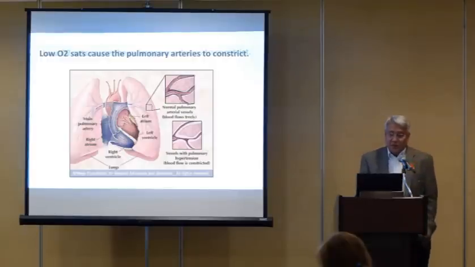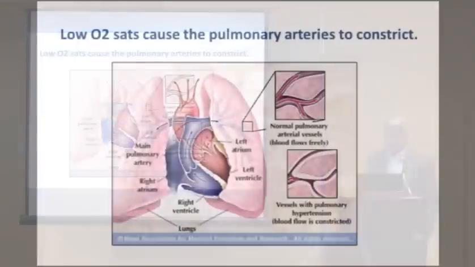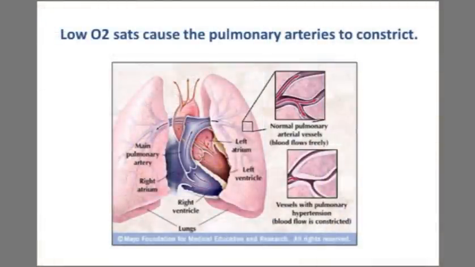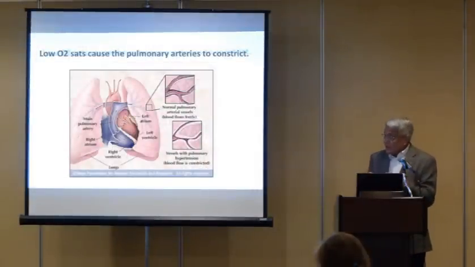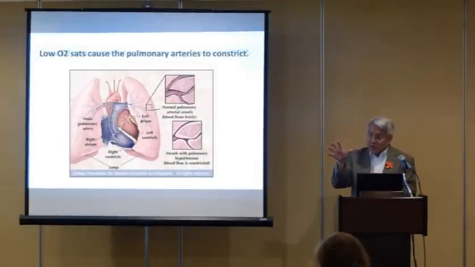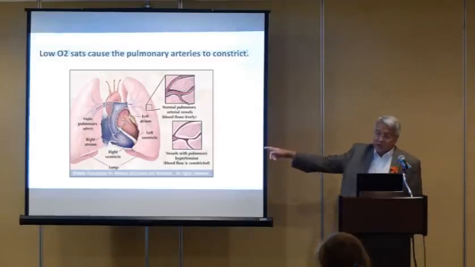And as Dr. Vesey pointed out, the way that low oxygen saturations cause pulmonary hypertension is that low oxygen levels cause the pulmonary arteries, which are normal here, to constrict. And then the right ventricle, which has to pump the blood through those vessels into the lungs, has to work a lot harder to push the blood through those tight vessels.